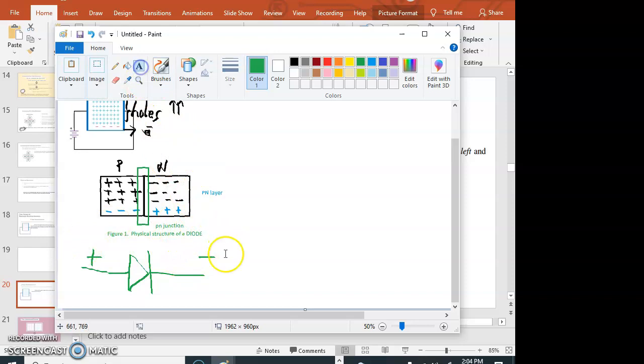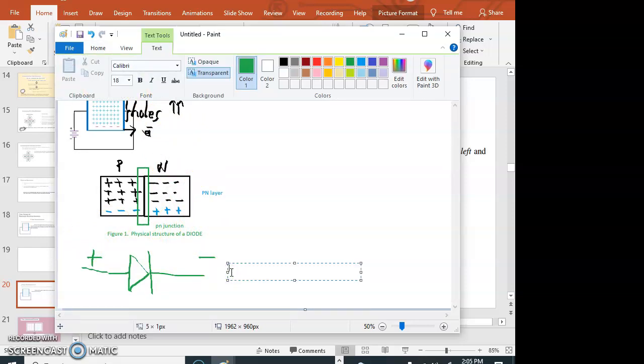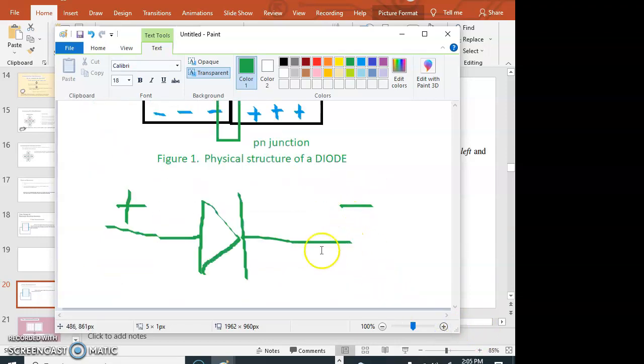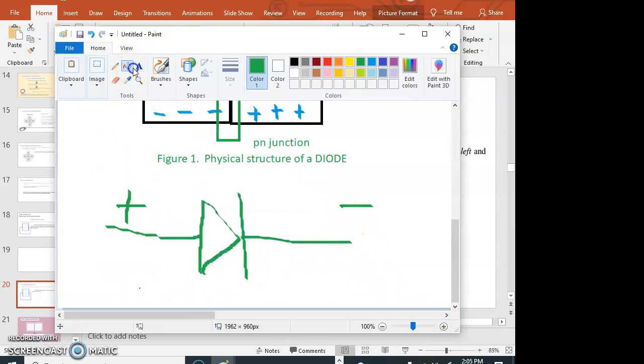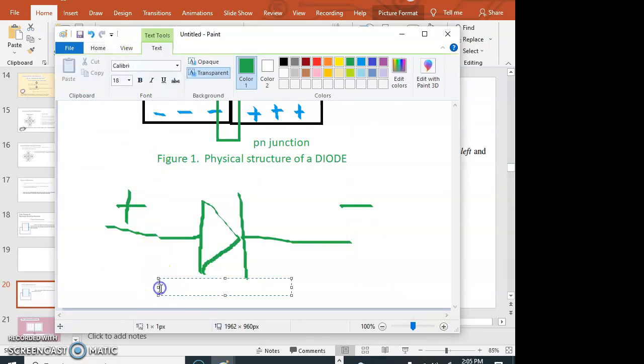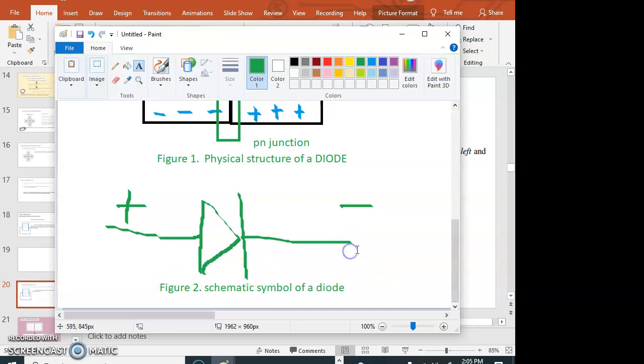And what we have now is what is known as the schematic symbol. So for figure 2, what we have now is the schematic symbol of a diode.